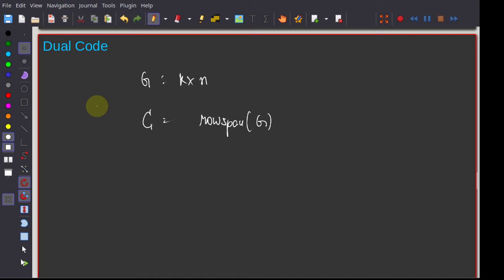Some other code, but it's a code. So it's another linear code. And this is what is called the dual code of C.